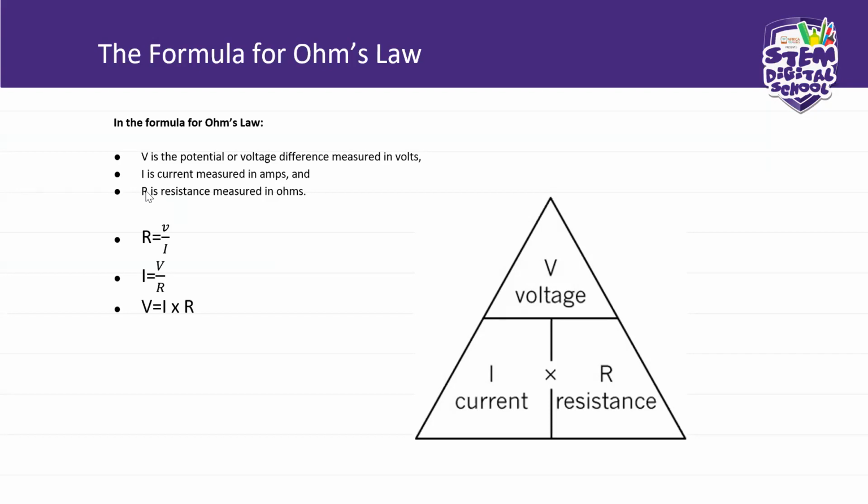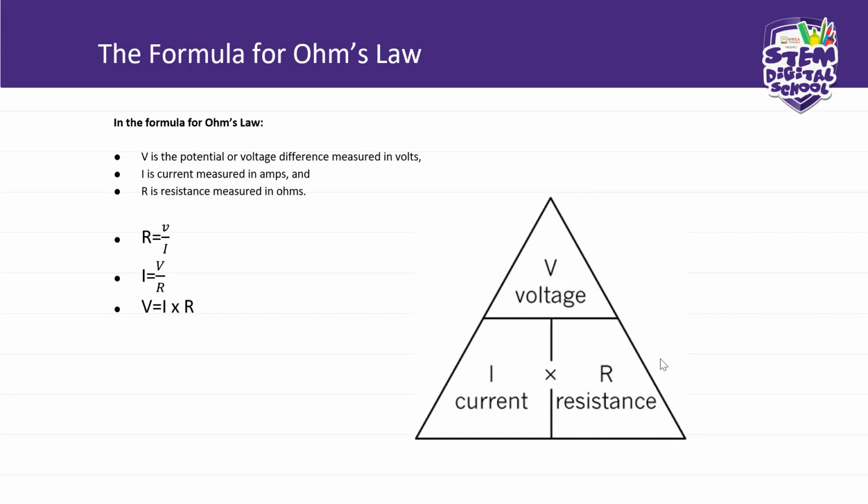R represents resistance. The units for resistance are ohms. Okay? Let's see. Where is R? There is R. R is equal to voltage divided by current.